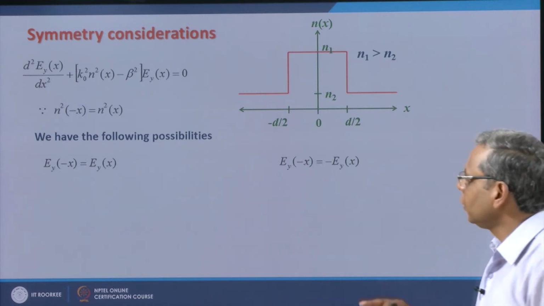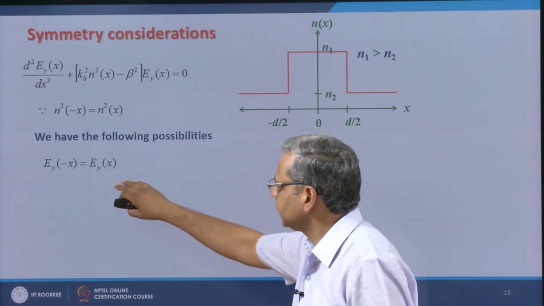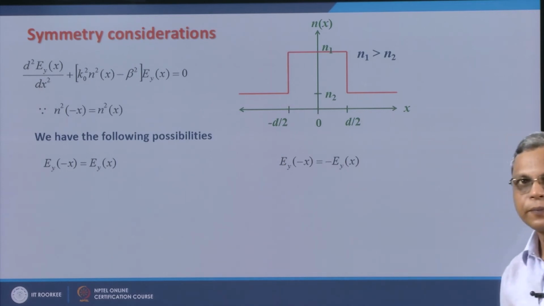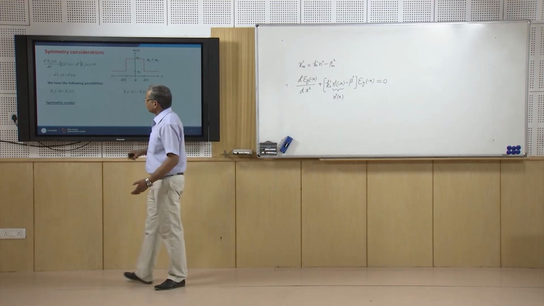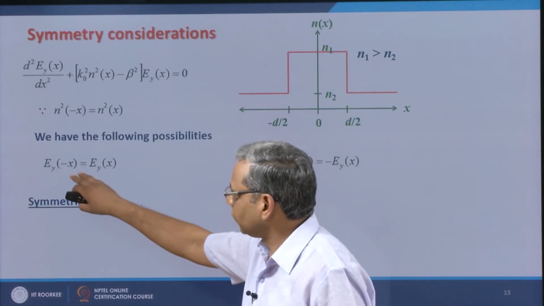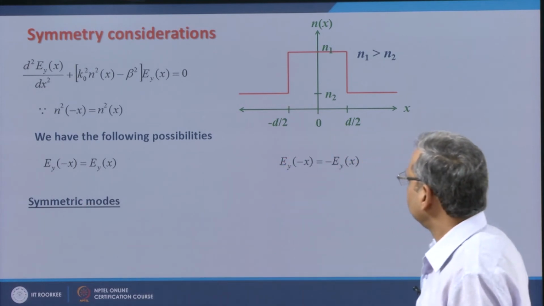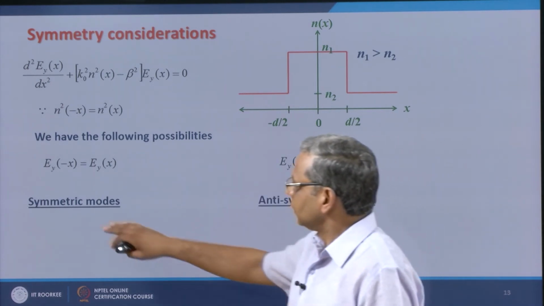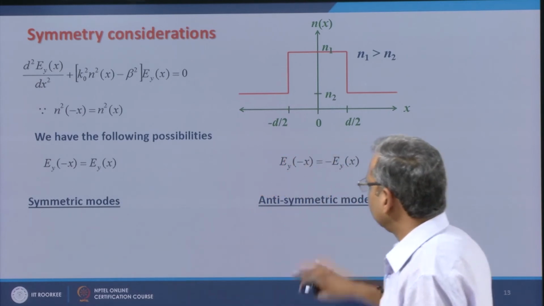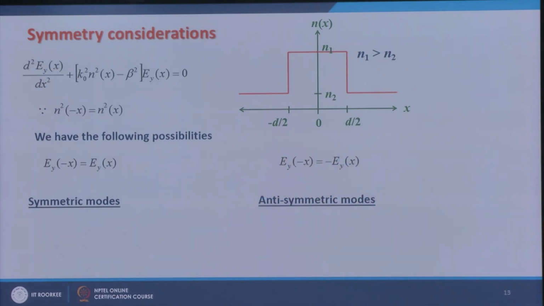So, there are now two possibilities, one is this, another is this, and they are known as symmetric modes because this is the property of a symmetric function and this is the property of an anti-symmetric function. So, these modes are known as symmetric modes and these modes are known as anti-symmetric modes.